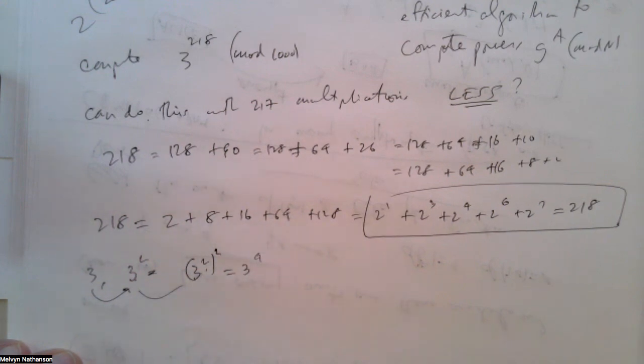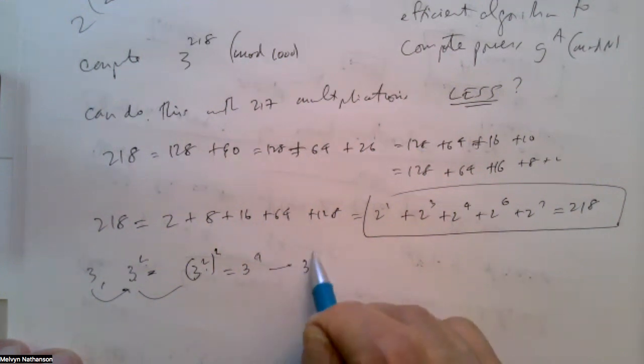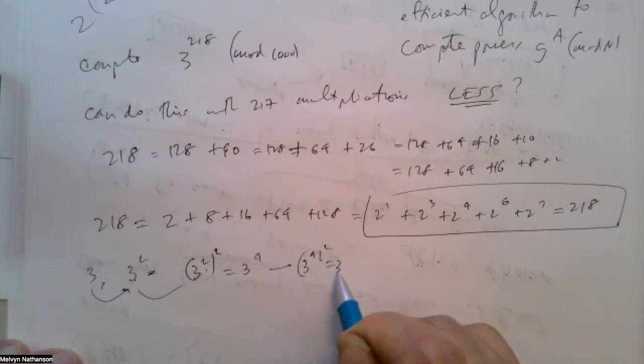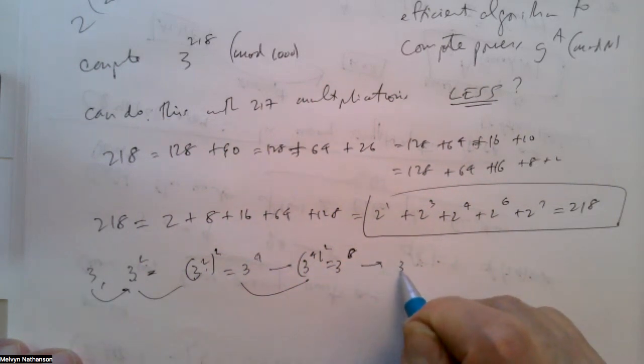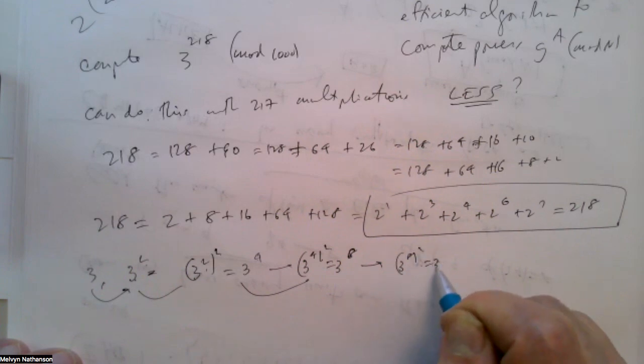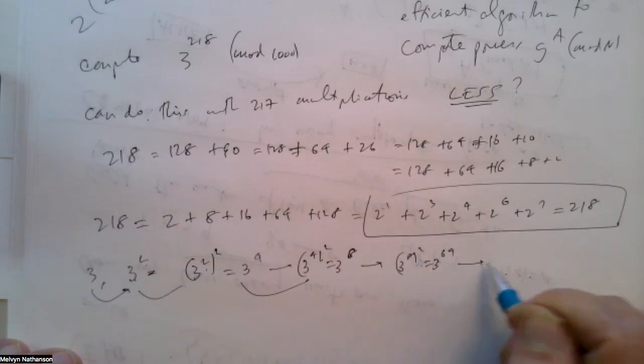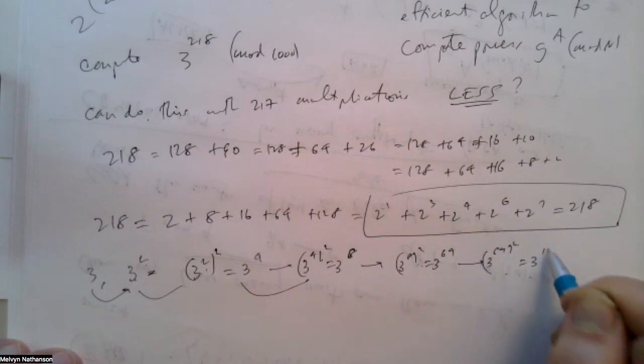I get that with 1 multiplication. If I square this, I get 3 to the fourth squared, which is 3 to the eighth. That's 1 multiplication. I keep squaring.